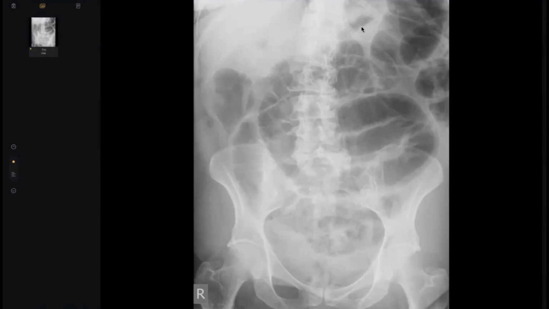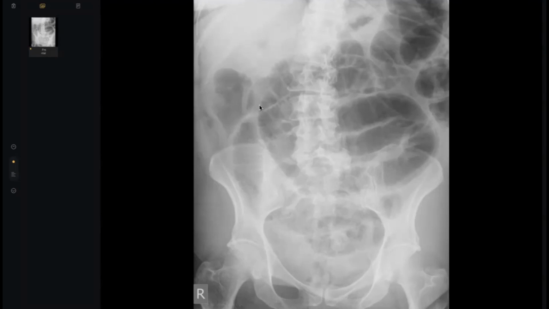Please look at the edge of the bowel. Yes, sir. In the right iliac fossa, there is air. And some calcific density is there in the right hemipelvis.